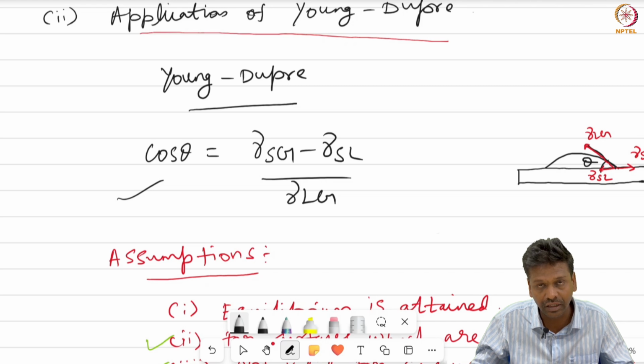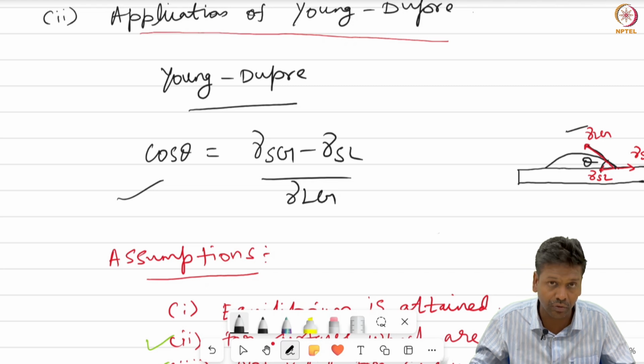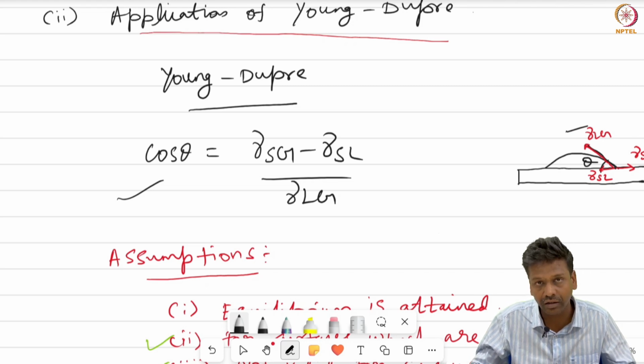It is the three-phase contact angle because at this juncture all three phases exist: solid-gas, solid-liquid, and liquid-gas. That's why we call theta, measured at this juncture, the three-phase contact angle.